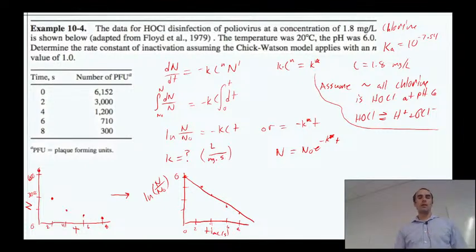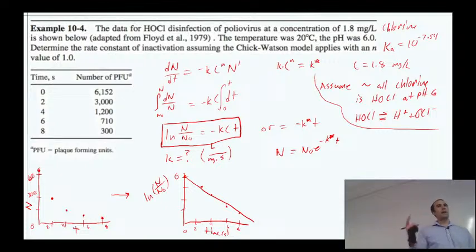That puts it all in the form of, instead of N equals N naught and all that, we're leaving it in the form of this: ln of N over N naught is equal to minus kCt. That is essentially y equals mx plus 0. Okay, and we have a plus 0 there, which is very nice, so we don't even have to think about that.